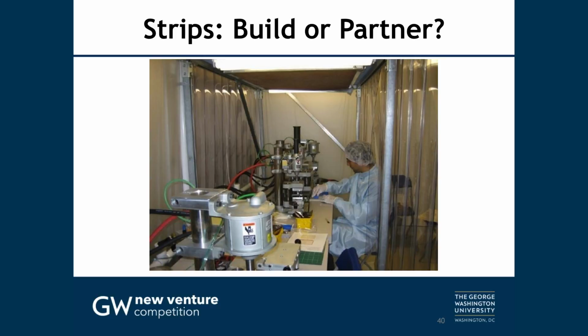My desk is just a couple desks over from the clean room. It was useful for us from a scientific and technical perspective, for learning what was required to build these test strips. But it clearly was not the kind of facility where we could start pumping out 1 billion test strips a year. It was a batch research facility, useful at the time, but clearly not something that was going to work for the long term.